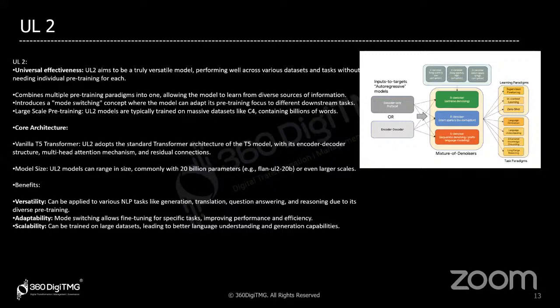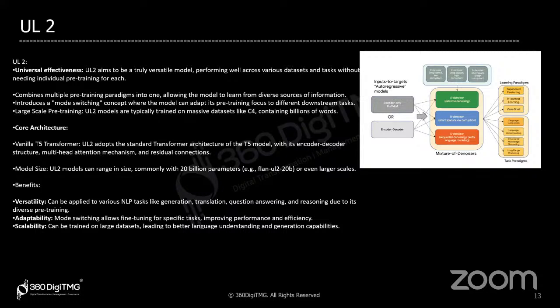Now it is UL2. UL2 stands for universal effectiveness. UL2 aims to be a truly versatile model, performing well across various datasets and tasks without needing individual pre-training for each. It combines multiple pre-training paradigms into one, allowing the model to learn from diverse sources of information.